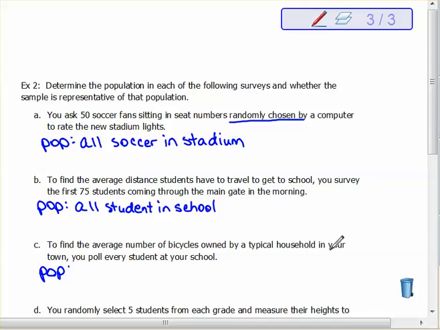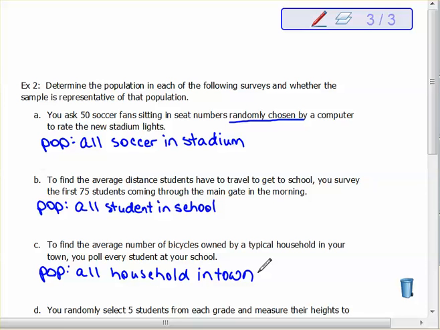So all households in town. Now, we polled students at our school to try and figure out the average number of bicycles owned in a typical household. Is that representative of that population? And in this case, the answer would be no.